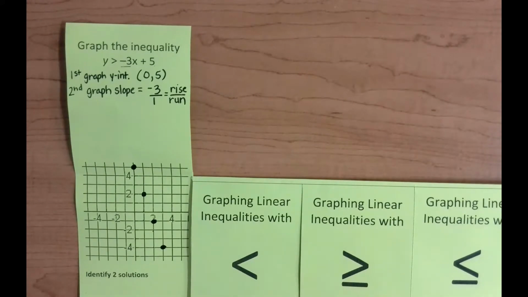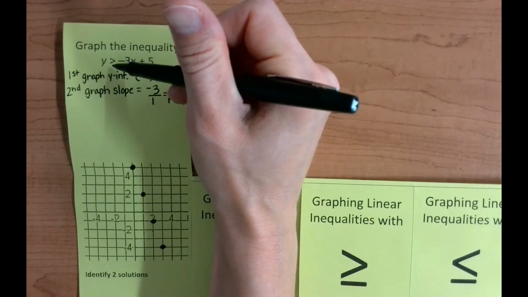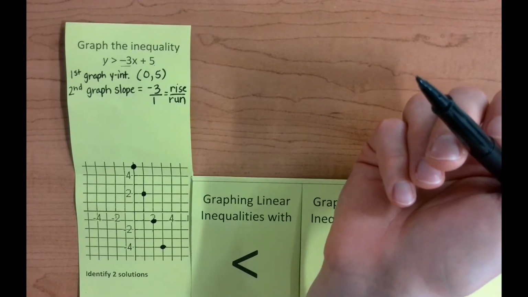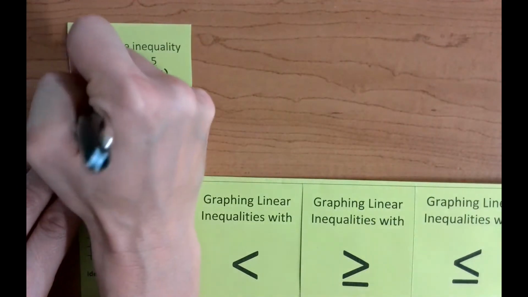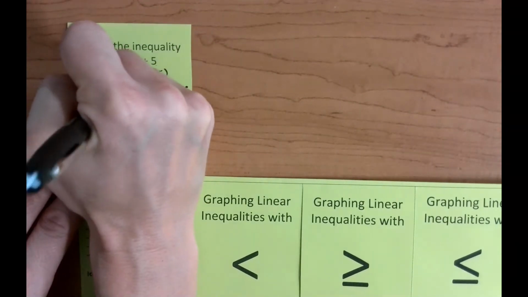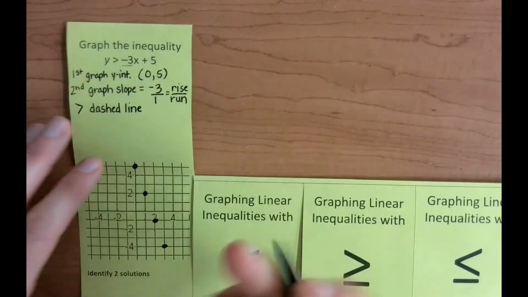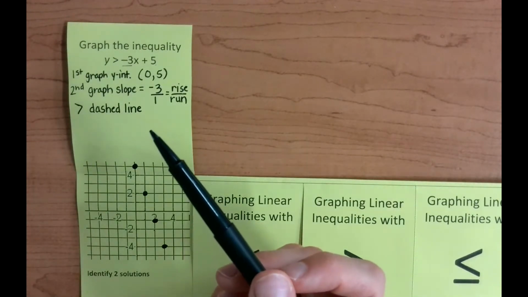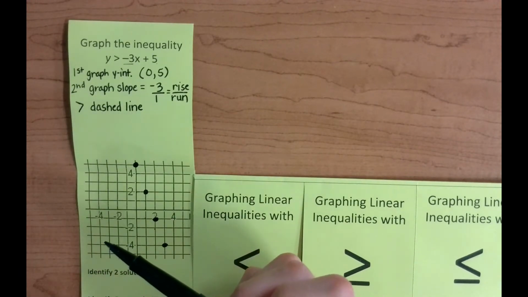All right, now is where it gets different than just a regular equation. Now I have to look at my inequality. Y is greater than. It doesn't have that little line underneath for or equal to. So what this means is greater than symbol means a dashed or a dotted line, because we call it the boundary line, and it does not include those solutions on it. If it's a dashed line, it's not inclusive.